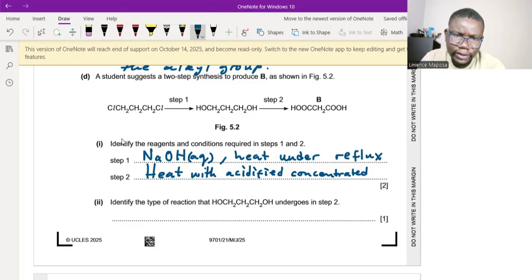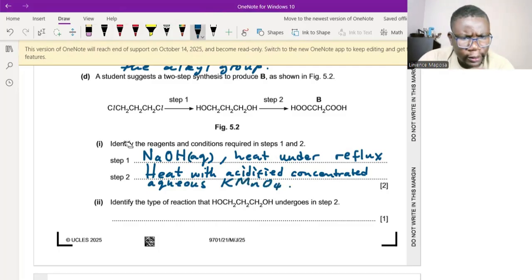Heat with acidified concentrated aqueous potassium permanganate(VII). It has to be aqueous again. As you know, in the label, we give acidified concentrated aqueous potassium manganate, KMnO4, with a capital M. All right, so that one, you can just say that.